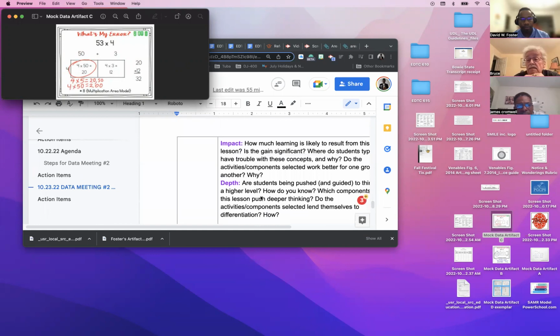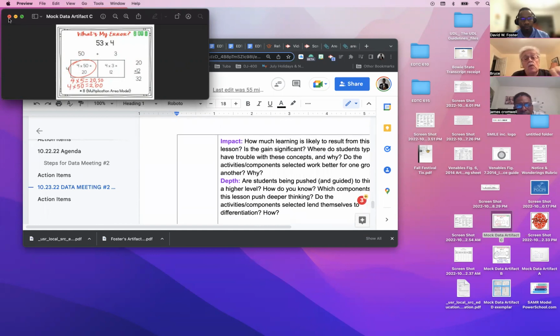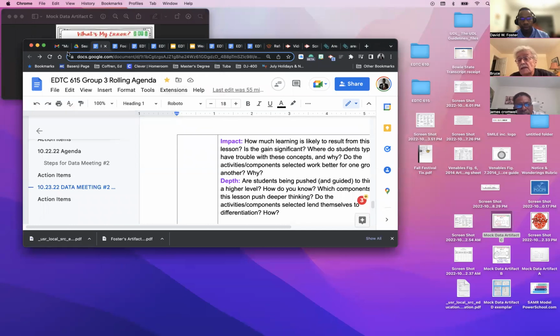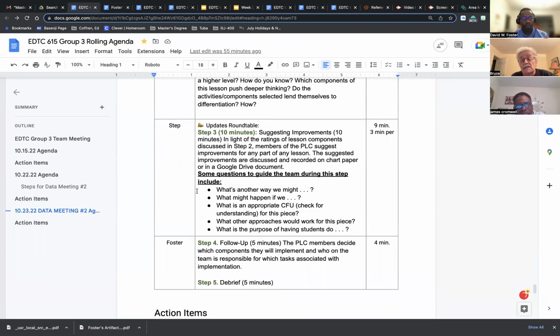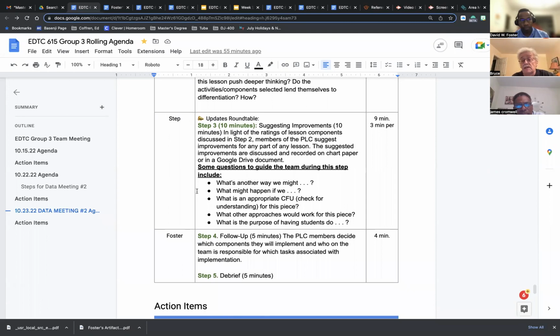But then, James, we as a group are supposed to do that. Not just you. James is supposed to look at it and say, is it aligned? Is it this? Is it that? I'm supposed to do the same thing for all 20 of them. So that's 60 considerations in 25 minutes.